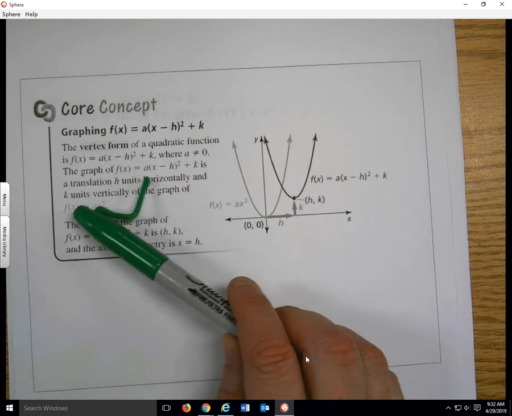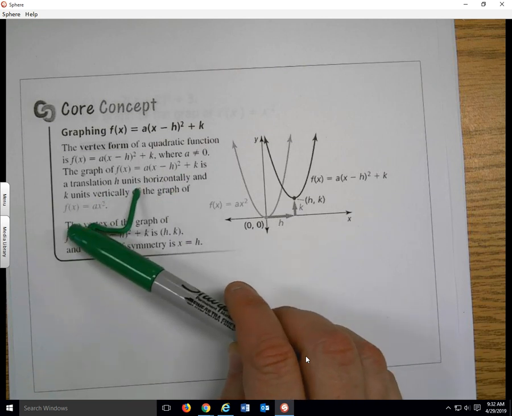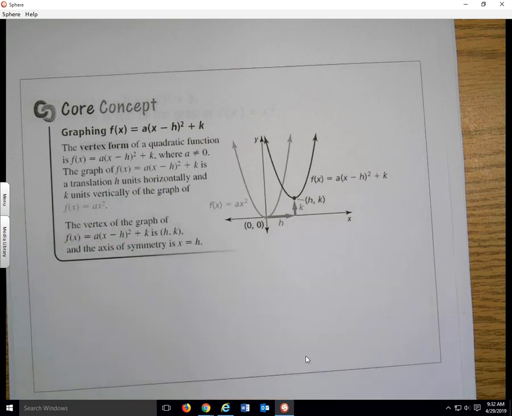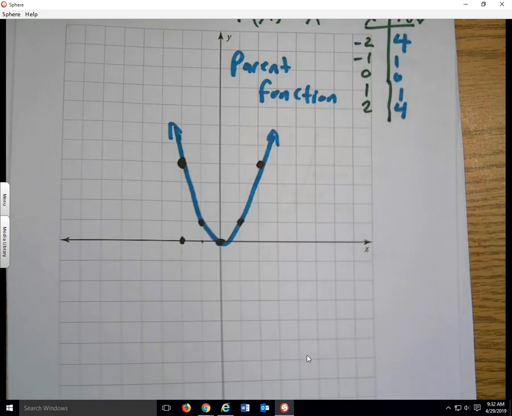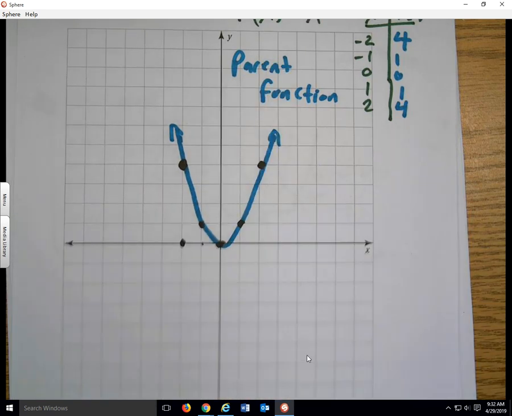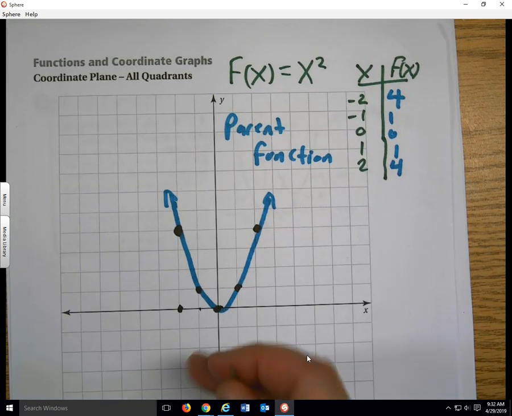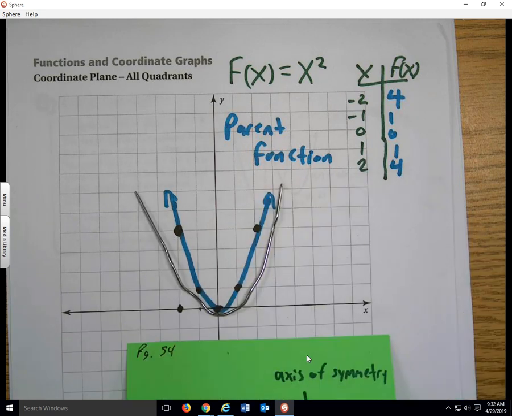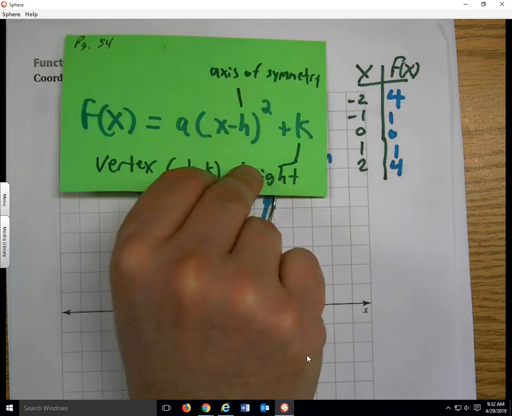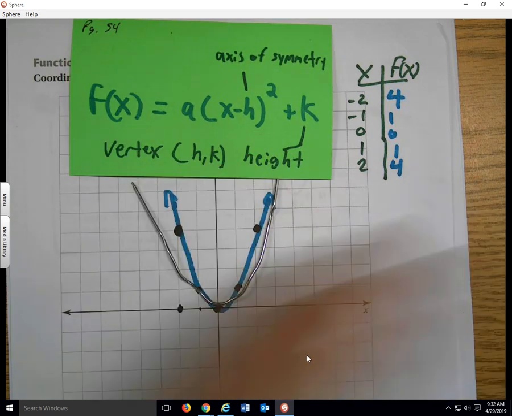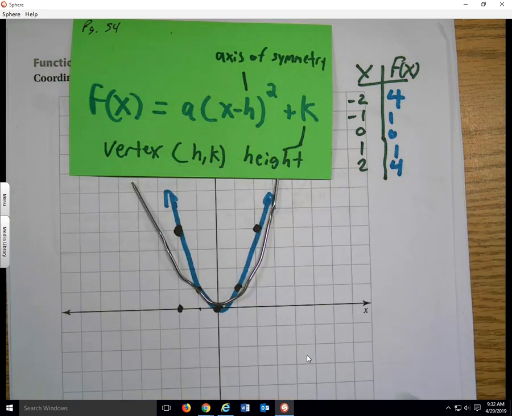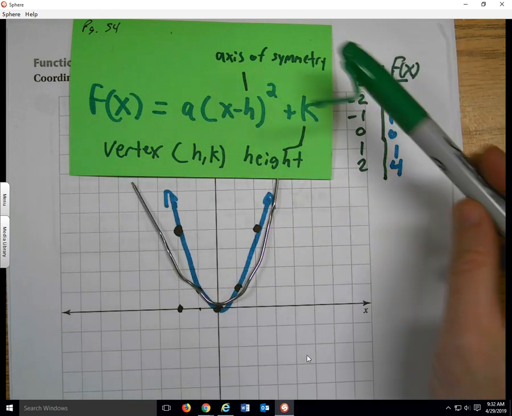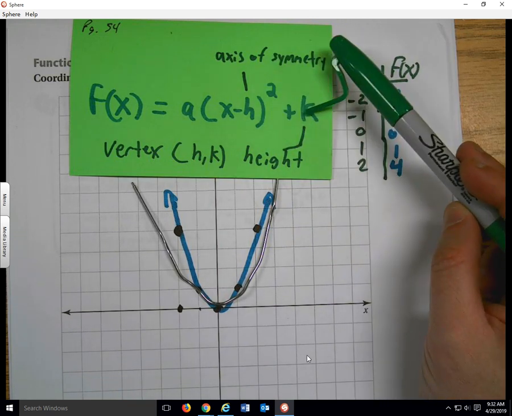The graph is a translation h units horizontally and k units vertically of the graph f of x equals x squared. Let me break that down in simpler terms. Remember, f of x equals x squared is just the parent function. So what it's saying is that when you have something in vertex form, it's translating, or moving, this graph, and it's moving it up or down according to the height.